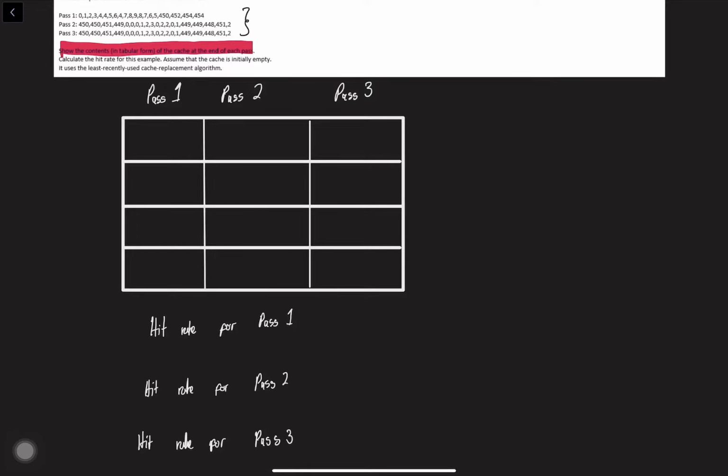The other pieces of information that we need for this question are the cell number, the block number, and the set number.